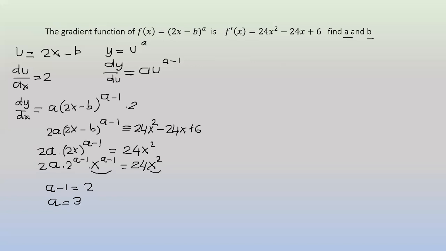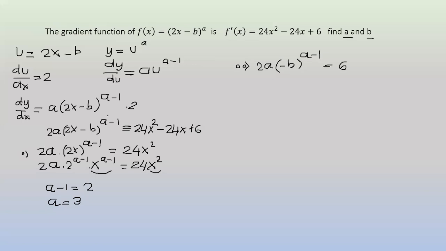Now we're going to find b. Based on these equating coefficients, for the second one, we're going to find b. Second one, 2a times (negative b) to the power a minus 1 equals 6.